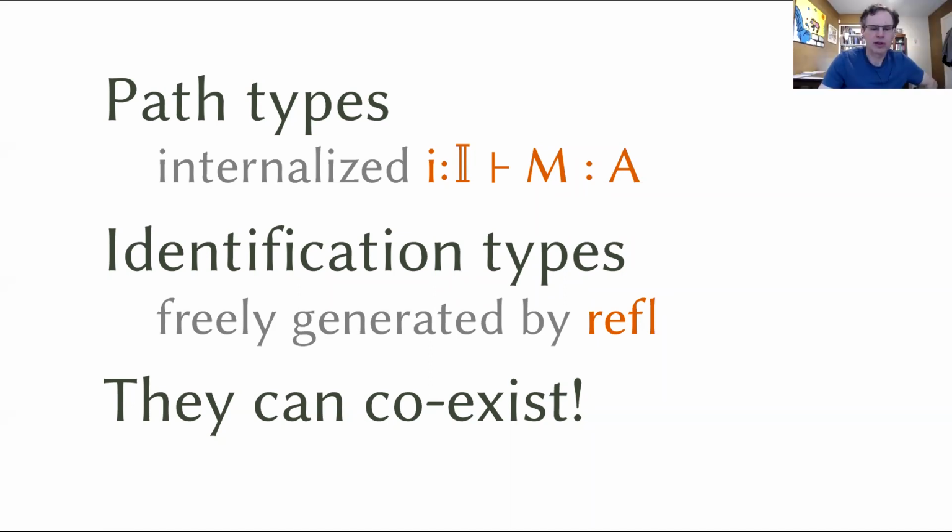Yeah, but since we have compositions for identity types, that might suggest that you can prove compositions for path types. So I see. That's a very good question. The question is that if we have both, and the identification type seems to have good properties, then we should be able to transfer the good properties into the path types.